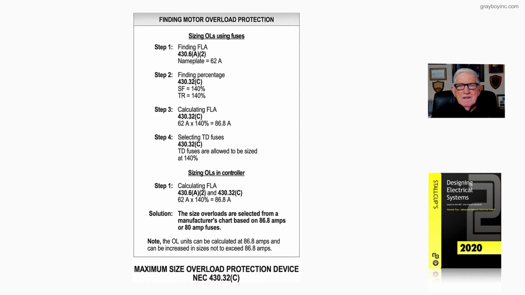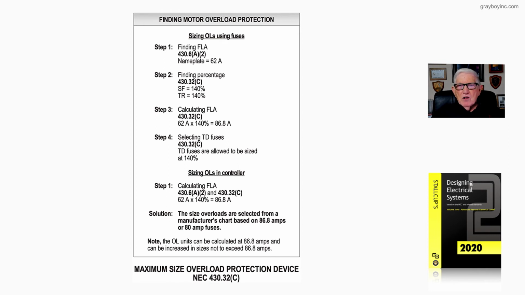And then notice the application of 430.32C using time delay fuses would be 140%. So we would take 140% of 62 amps and we would come up with 86.8.